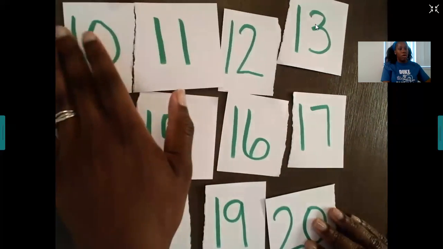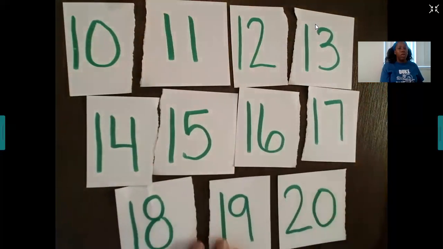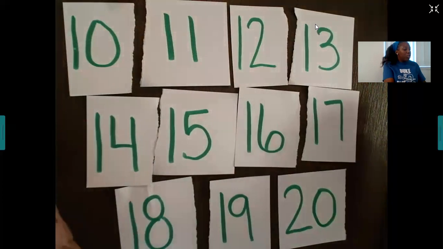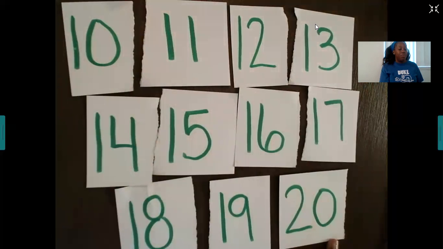Miss Bowen gets all her numbers together. All right. We got them. They're there. All right. So let's put your numbers in order like I did here. 10 all the way through 20 at the end.